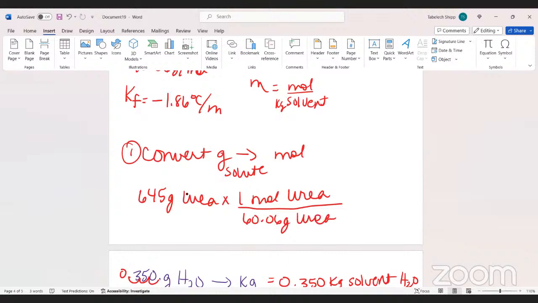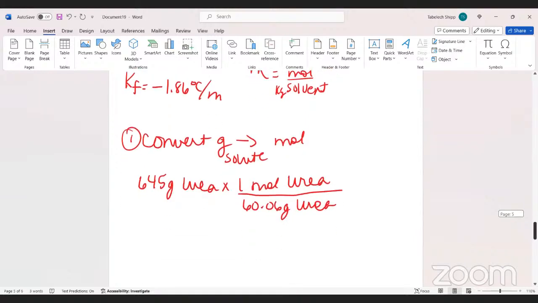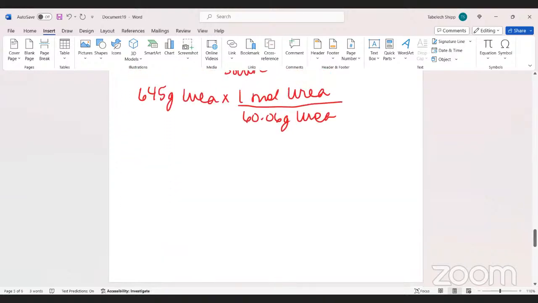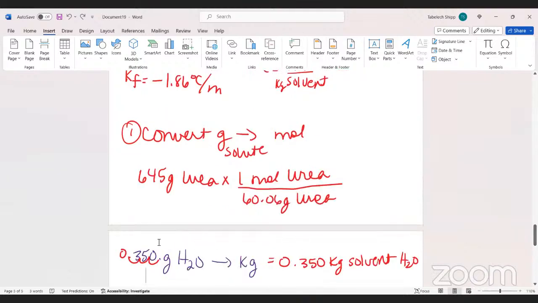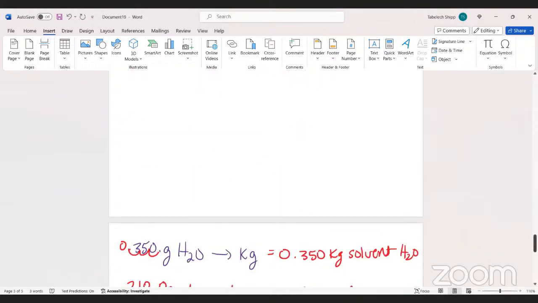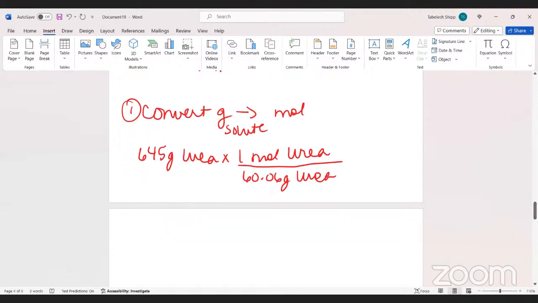We're going to plug this into our calculator. We take the 645 and divide that by 60.06, and we get 10.7 moles of urea.